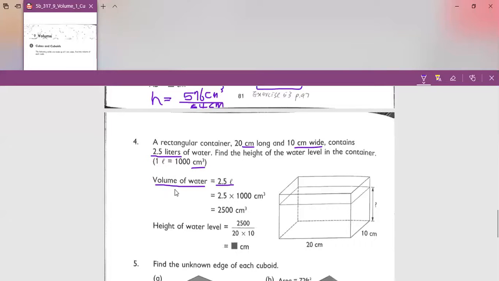So how do we convert 2.5 liter to centimeter cube? It's 2.5 liter times 1,000, because it already tells us that 1 liter equals 1,000 centimeter cube. So if we have 2.5 times 1,000, this will give us the volume converted to centimeter cube.